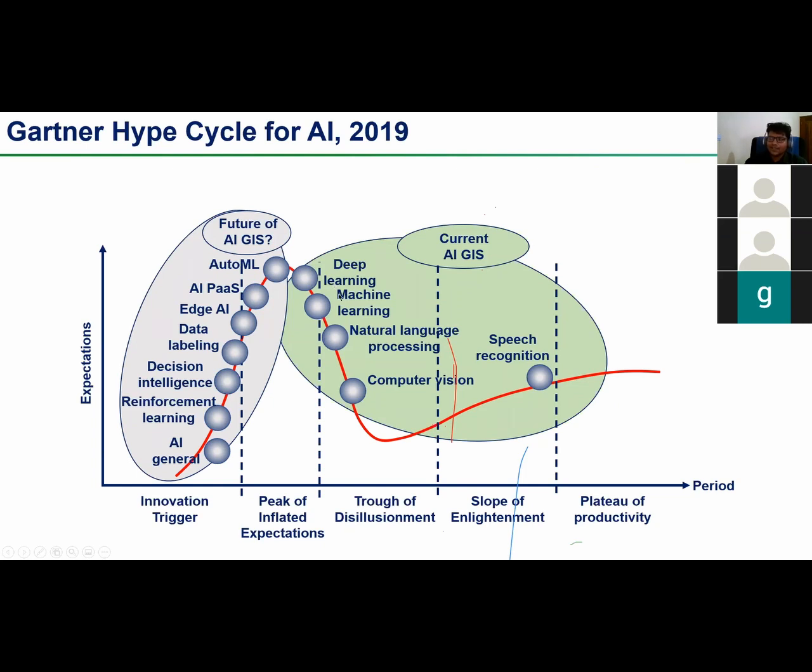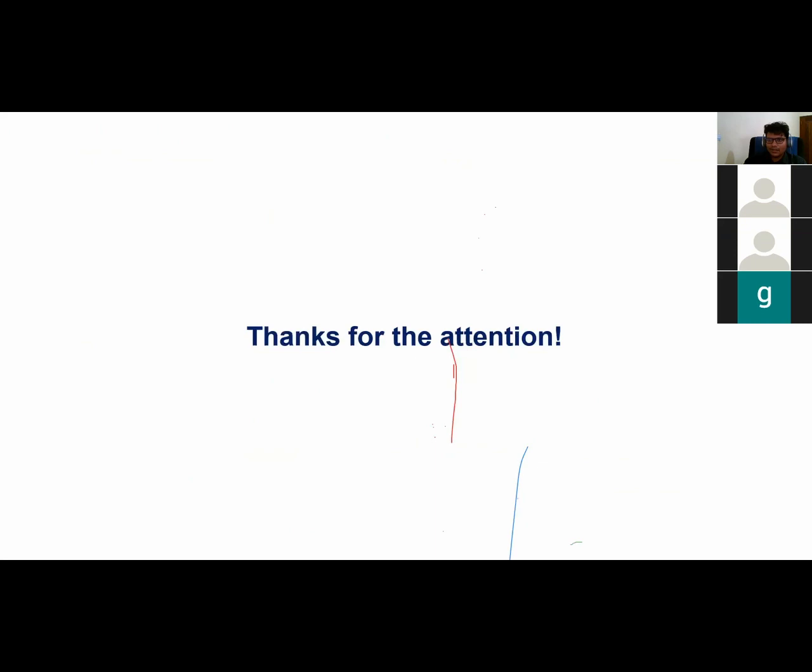And of course, it's not GIS alone. There are other things that you need to learn. Therefore, you need to really be an expert in what you learn right now, and then think about how to apply GIS to your applications. That is my part of this presentation, and thank you for your attention.